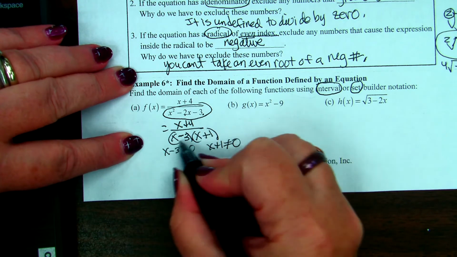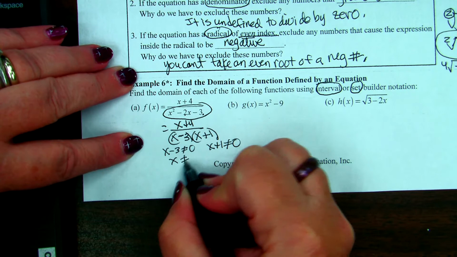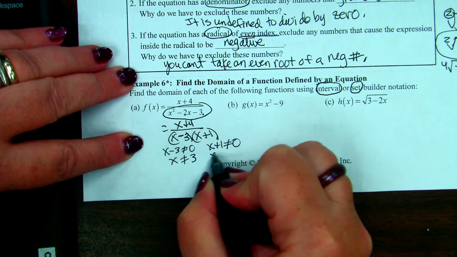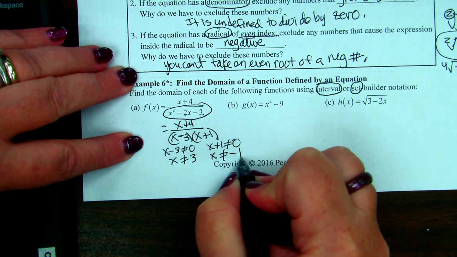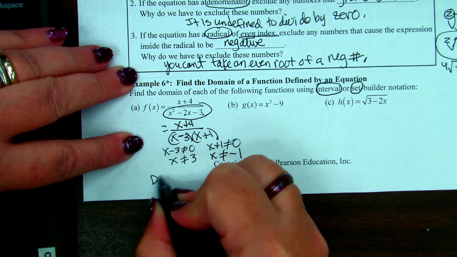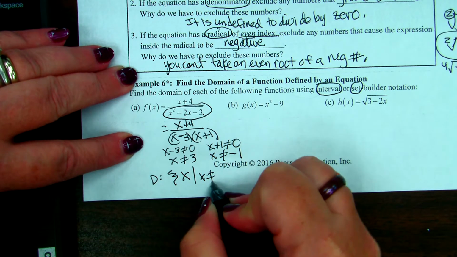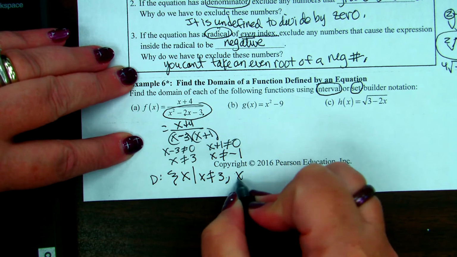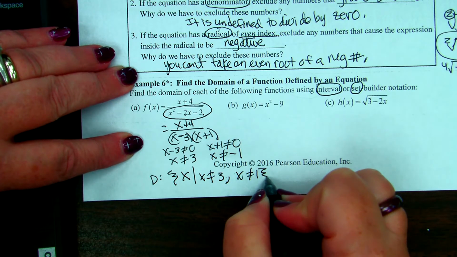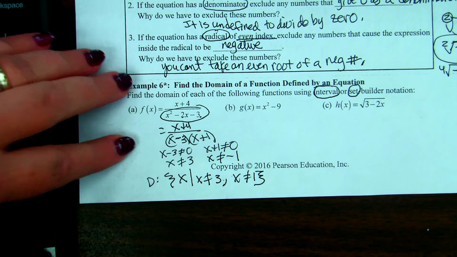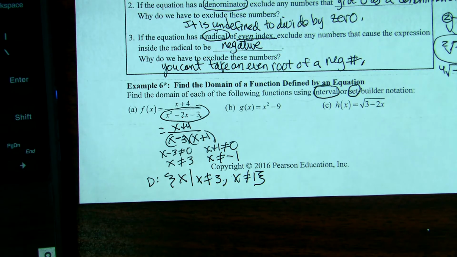The factors of the denominator, so x can't be 3, and x can't be -1. So in set notation, x such that x is not equal to 3, comma, x is not equal to -1. You can do interval notation if you wanted, but now we're going to focus on set notation.